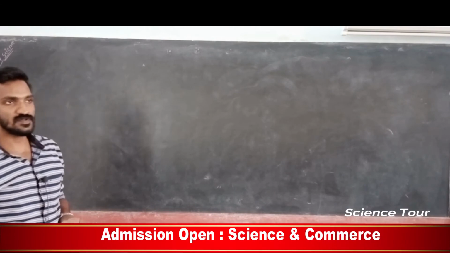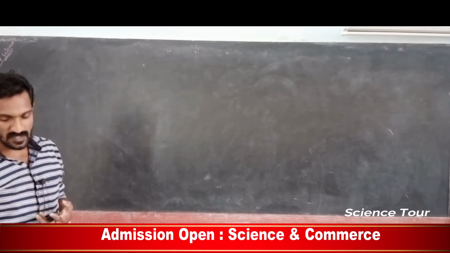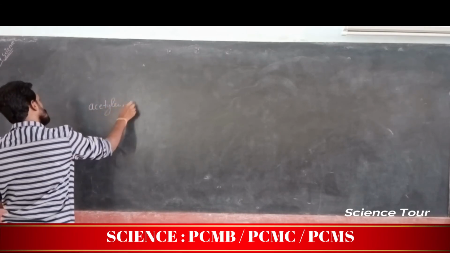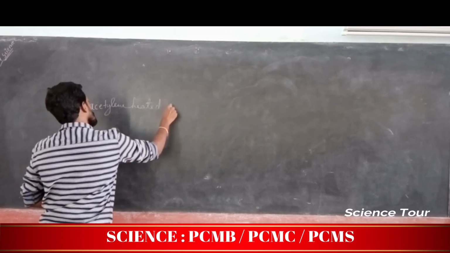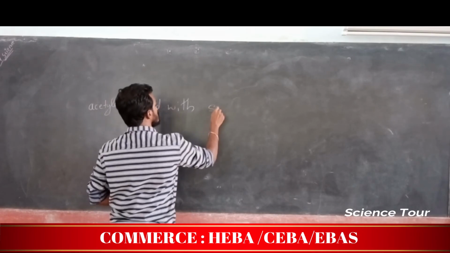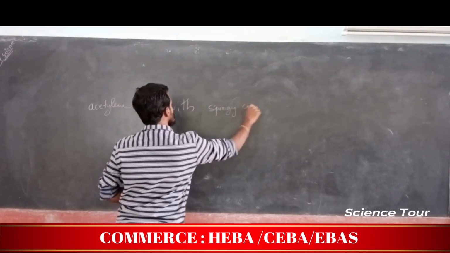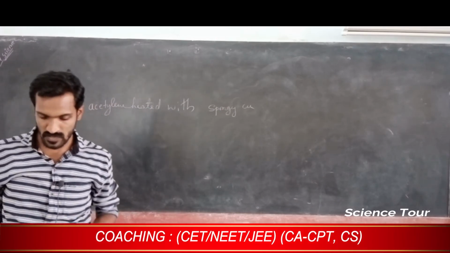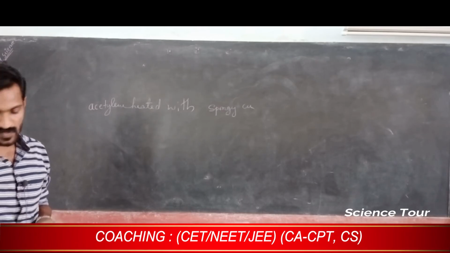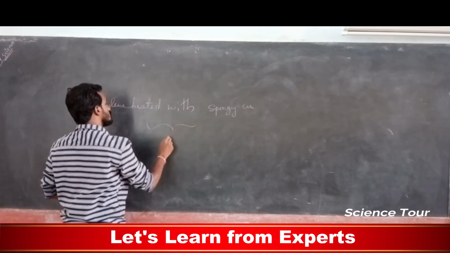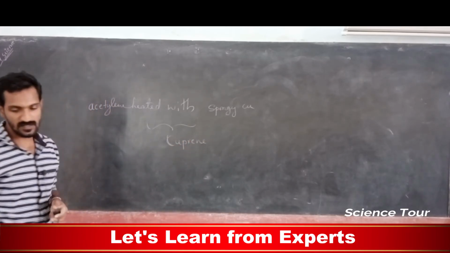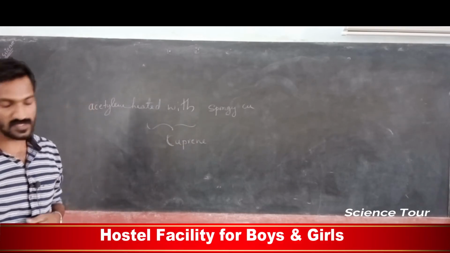My dear students, again we are going to discuss: when acetylene is heated with spongy copper, understood? Spongy copper, or its oxide, it gives cuprene, and it is used to manufacture linoleum.